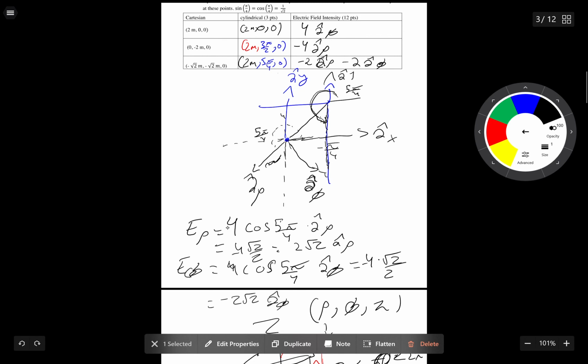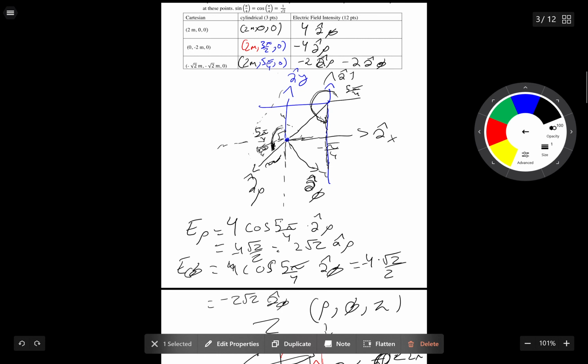So we know the angle over here for our rho: if this makes 90, this is just 45 degrees right here, so this is just pi over 4.